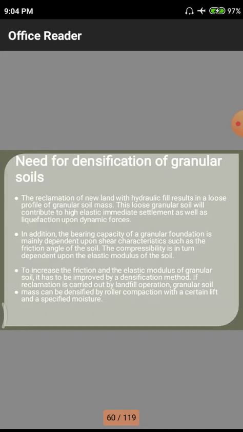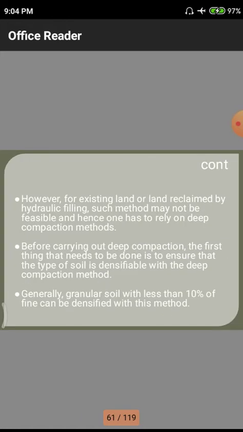Next, the need for densification means first of all we need to consider different properties, hydraulic filling, and bearing capacities of the soils. We need to improve the frictional properties of the soils, and the compaction techniques used in the soils. All those are different kinds of practices used to densify particular granular soils.